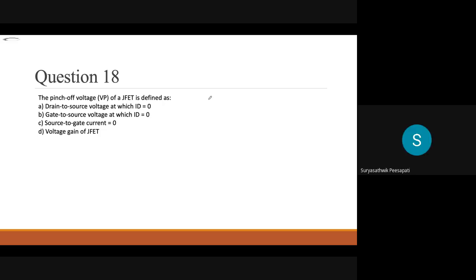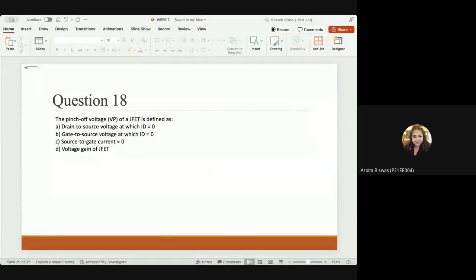Gate to source voltage at which ID equals 0. Yes, the right option is option B. Gate to source voltage at which the ID is equal to 0.